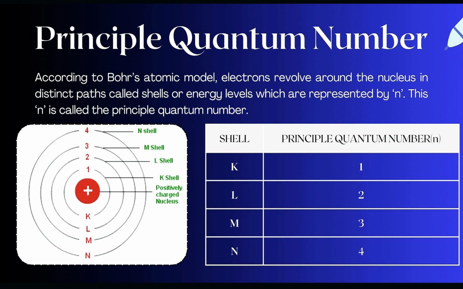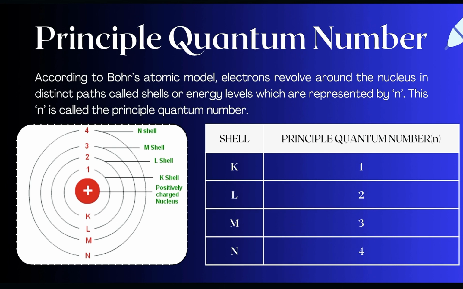So as I discussed in my last video, according to Bohr's atomic model, electrons revolve around the nucleus in distinct paths called shells or energy levels, which are represented by n. This n is called the principal quantum number.